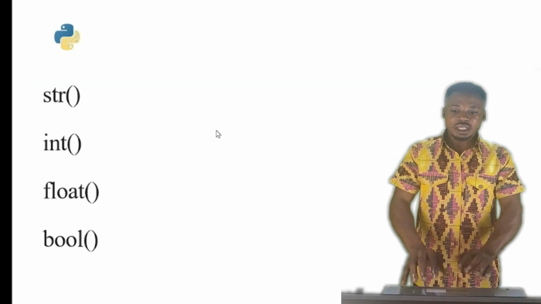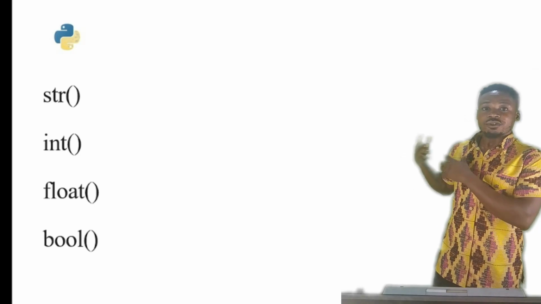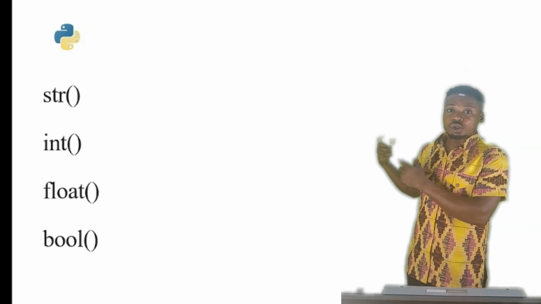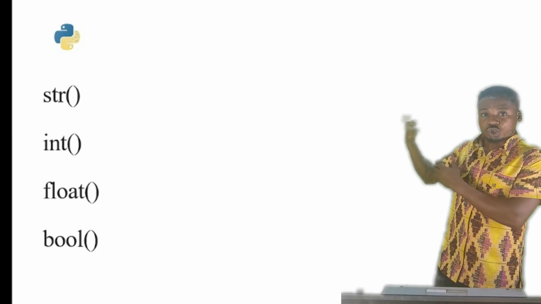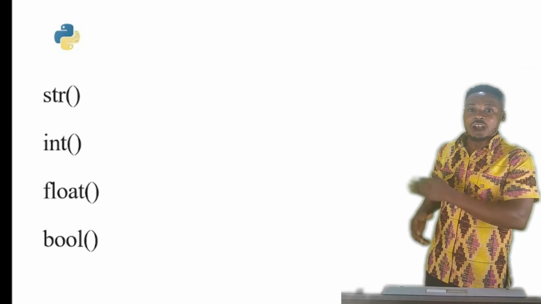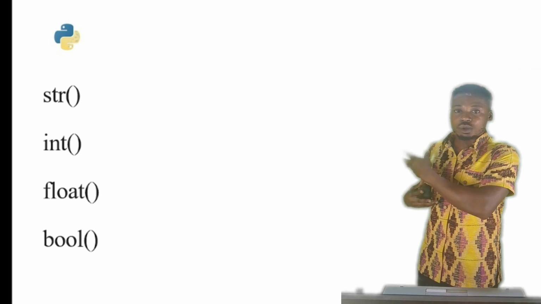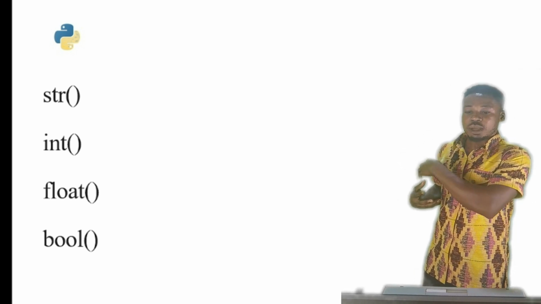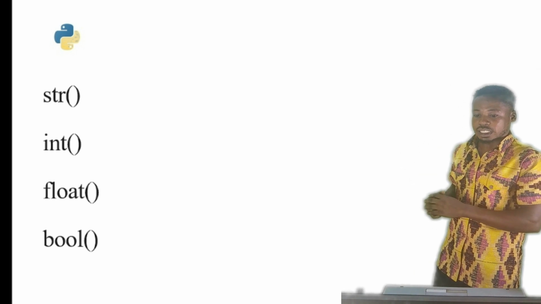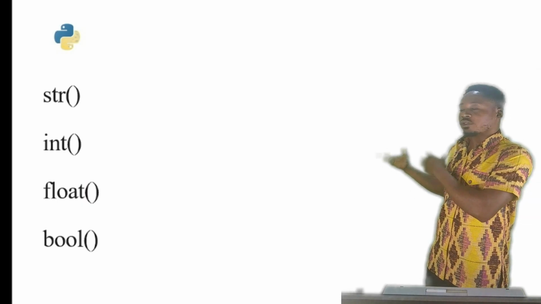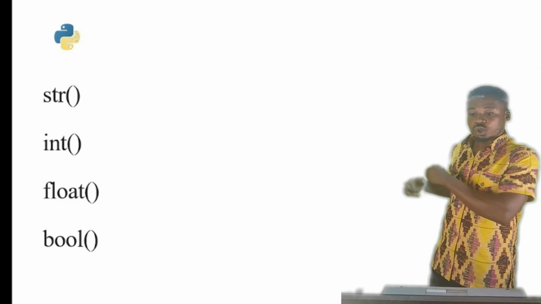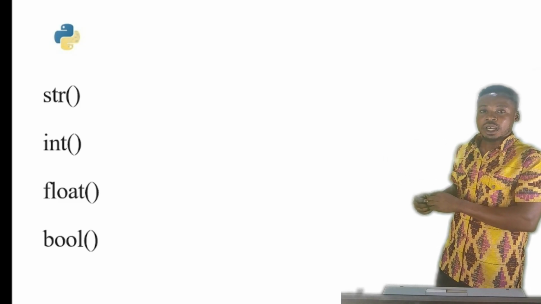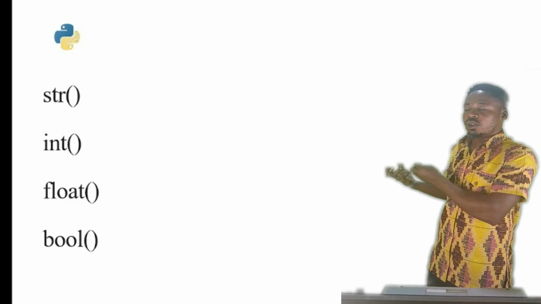So what are these? We have what? The string function that we can use to convert other data types to the string data type, and then we also have the integer function that we can use to convert other data types to the integer data type, and then we also have the float function as well that we can use to convert from other data types into the float data type, and then we have the bool function.